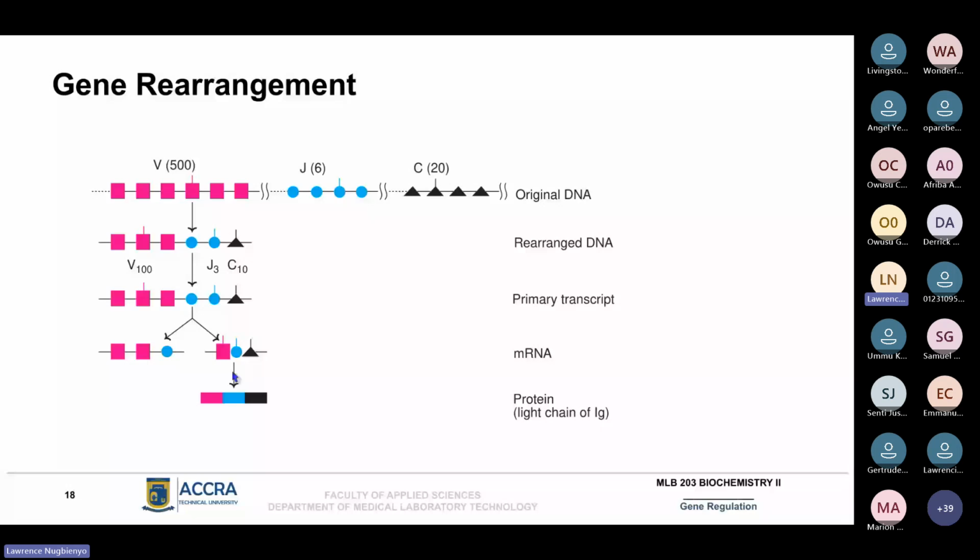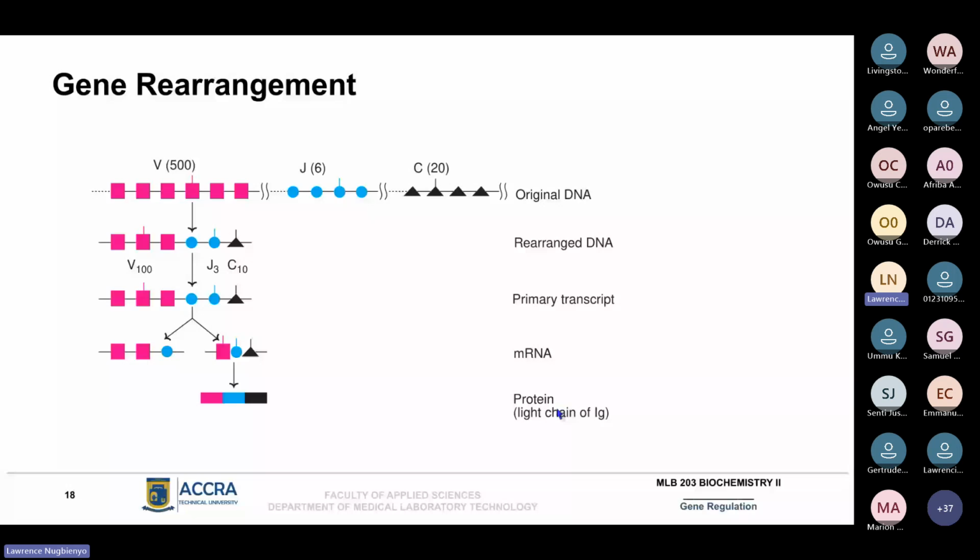And then you now have a new protein, which is being depicted for an immunoglobulin. So an immunoglobulin, in other words, is a white blood cell, an immune cell. So this is just a model to show how genes can get rearranged, get combined in different ways to give you different forms of proteins.